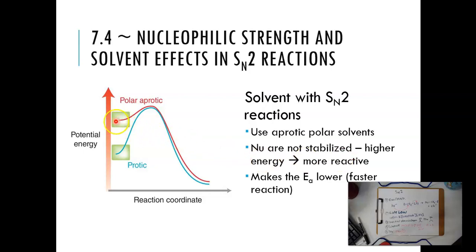So with a polar aprotic solvent, it starts our reaction off at a higher energy level, which means our activation energy, our hill, is a lot smaller. If we started with a protic solvent, the protic solvent would stabilize that nucleophile, making it harder for it to react. So for our SN2 reaction, we want to have a polar aprotic solvent.